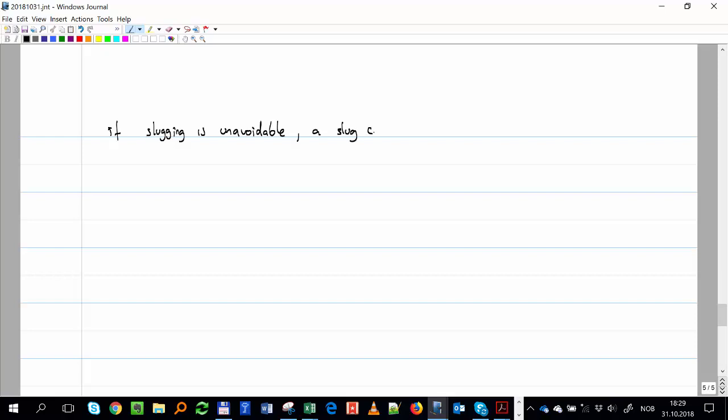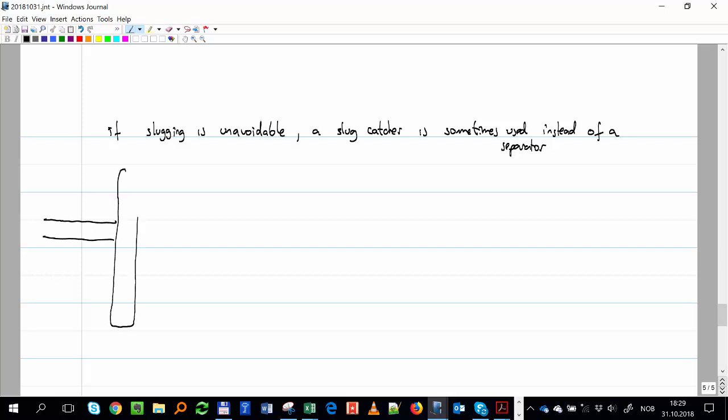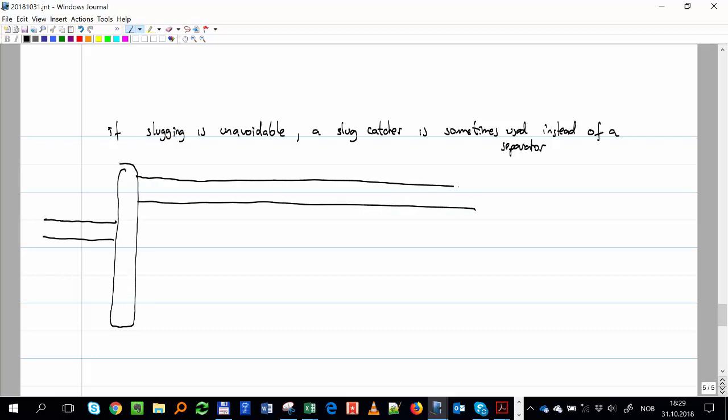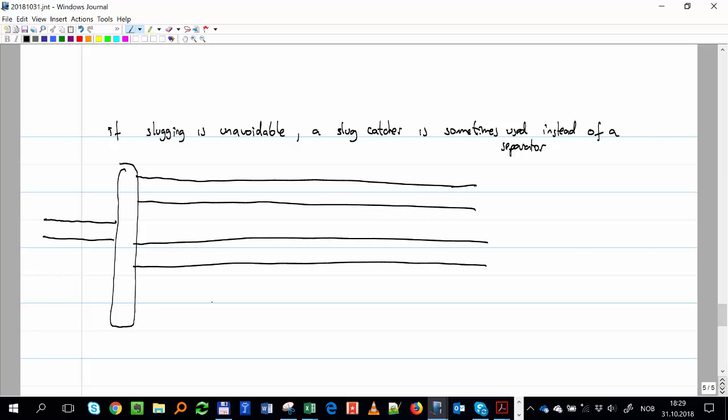In the slug catcher, basically I have my main line coming from the flow line, and then I have a header, a big pipe, and then a lot of long pipes where the liquid and gas are distributed.